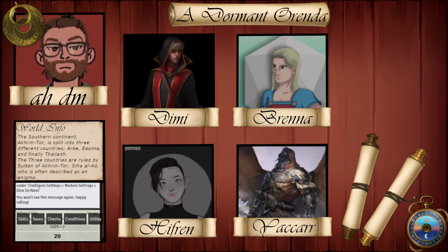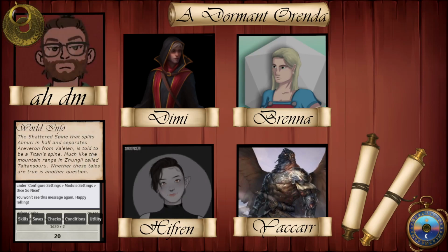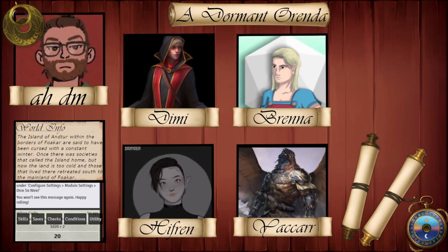Jakar, you feel a push on your back, pushing you towards the ledge, towards the water. I look at his friend. What the fuck? Well, do you try to resist the push, or do you allow it to happen? I just stand there, I guess. Okay, you allow it to happen?